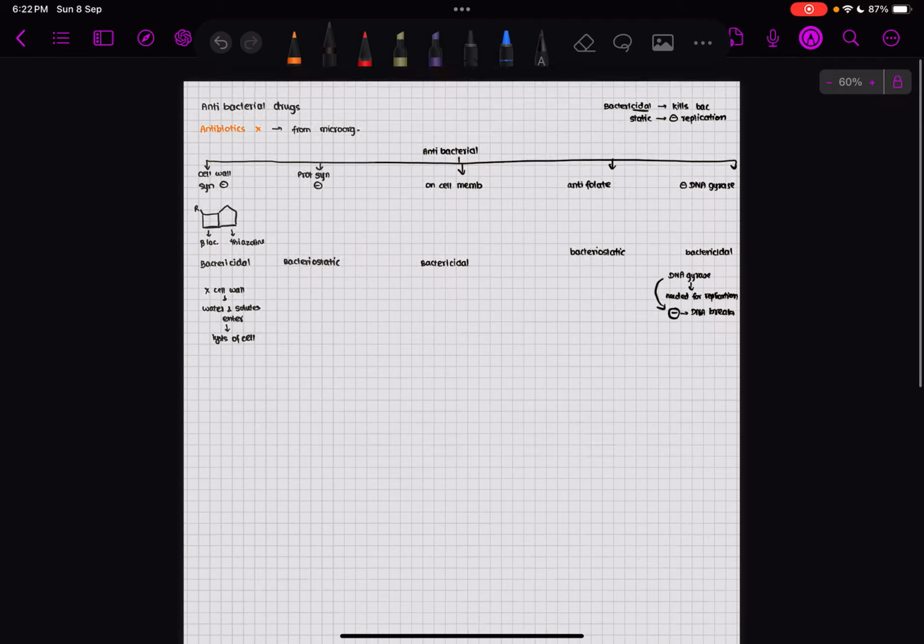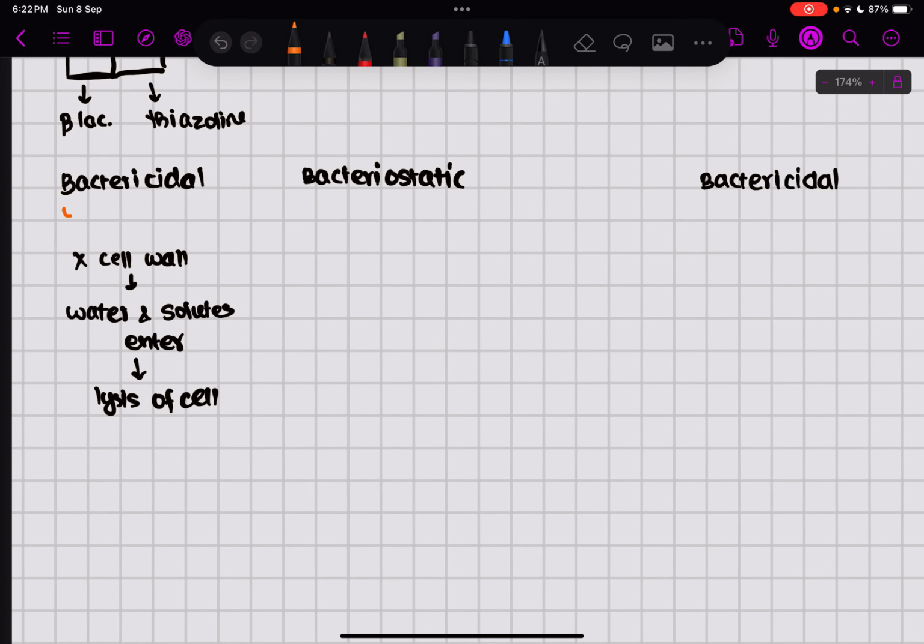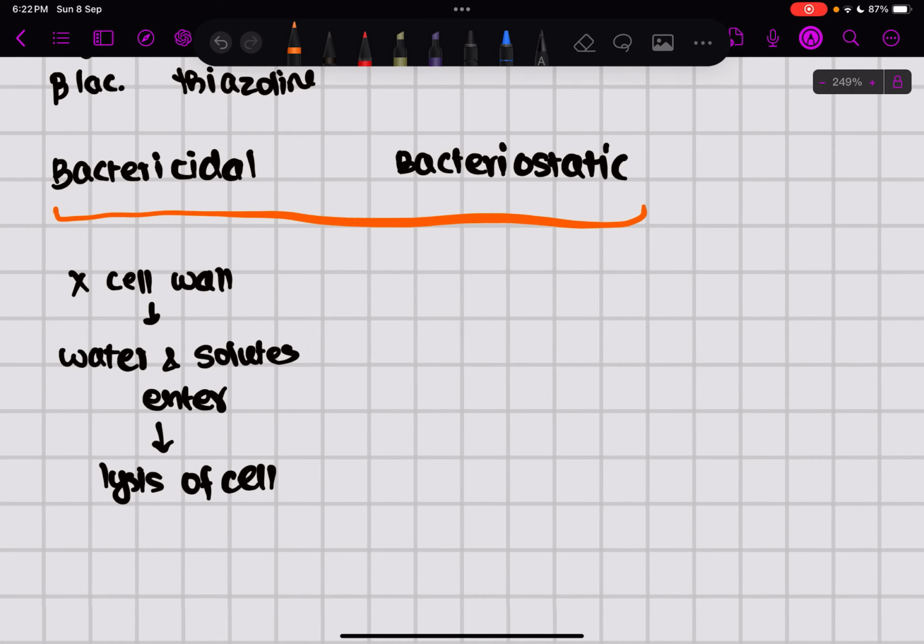And let us have a look at whether it is applicable for replicating bacteria or not. The first two drugs act on replicating bacteria.